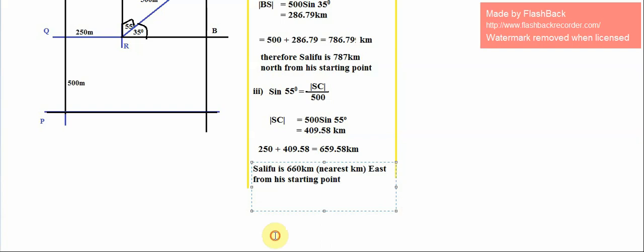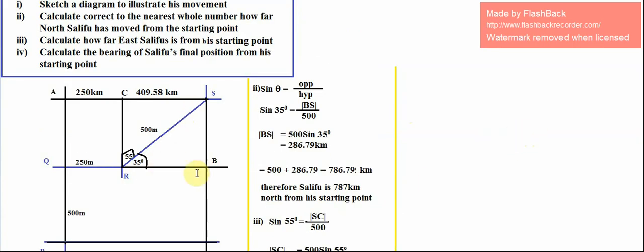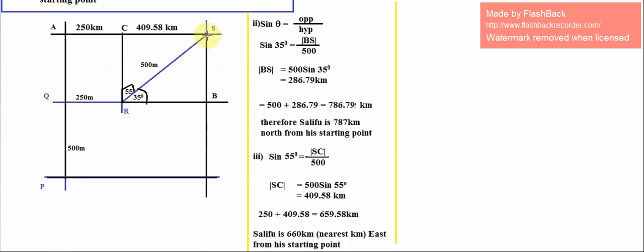The last question, question 4. The question says we should calculate the bearing of Salifu's final position from his starting point. So in that instance, we'll draw a line from the final position to the starting point.